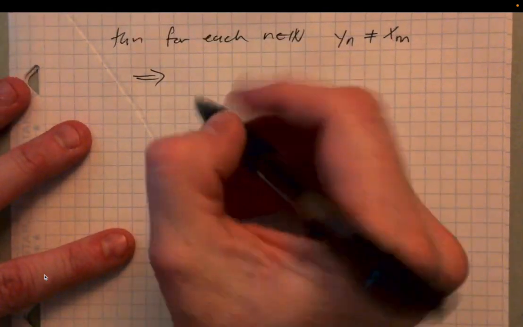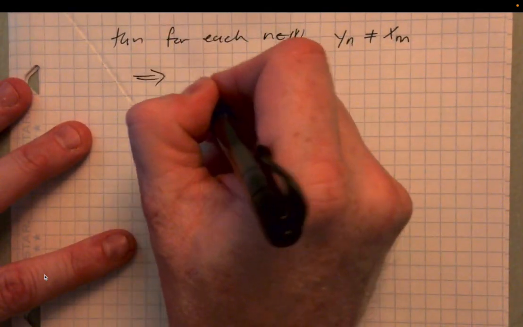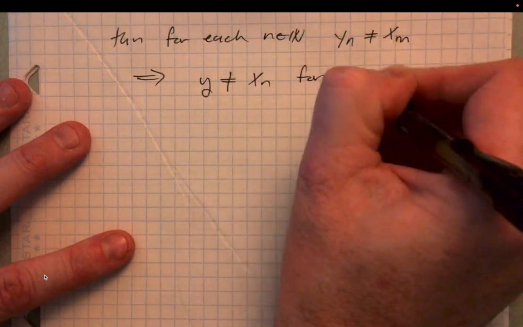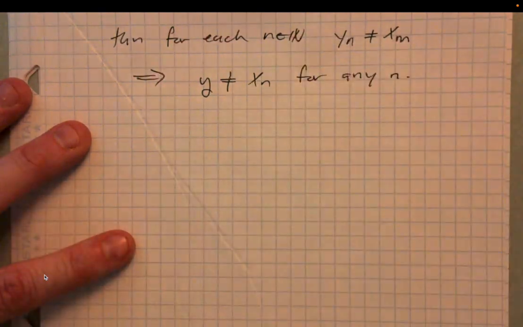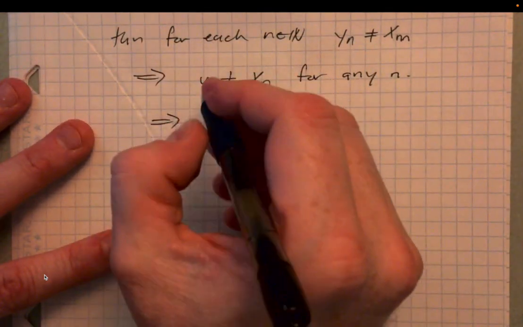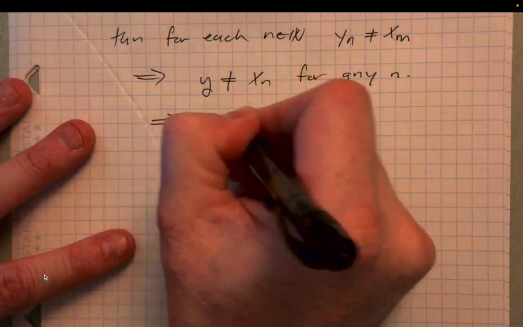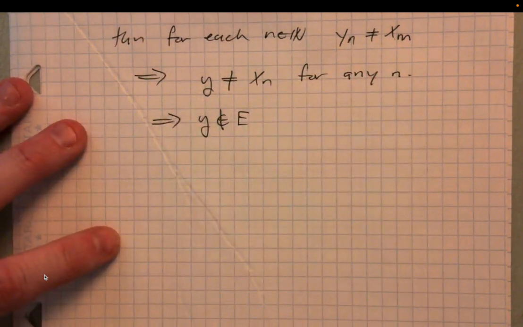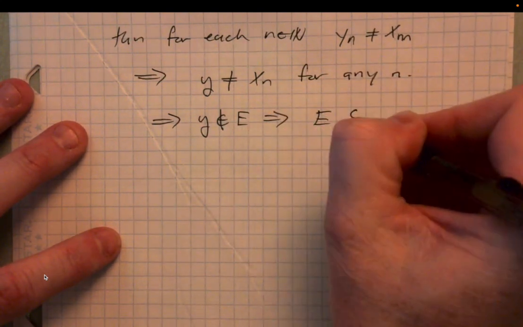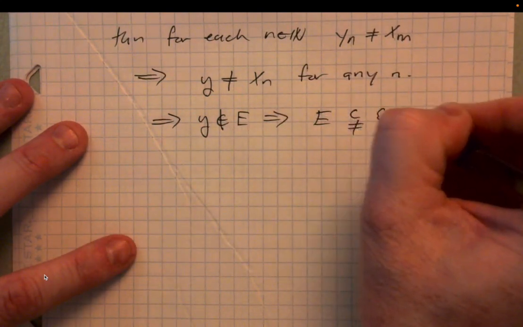And that implies that y is not equal to x_n for any n. And that implies that y is not in E. And of course, the implication there is that E is a proper subset of (0, 1).